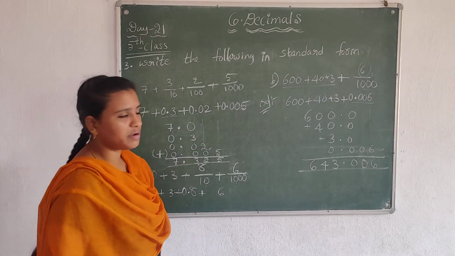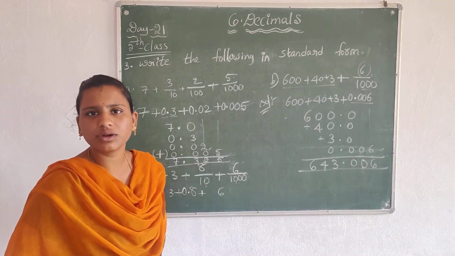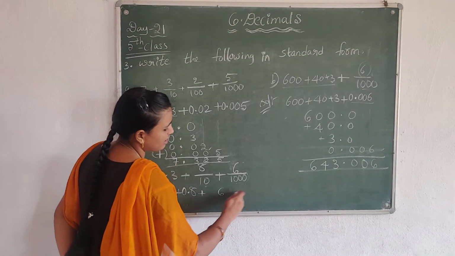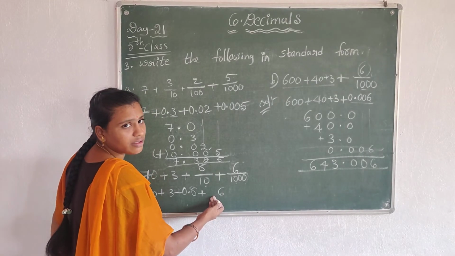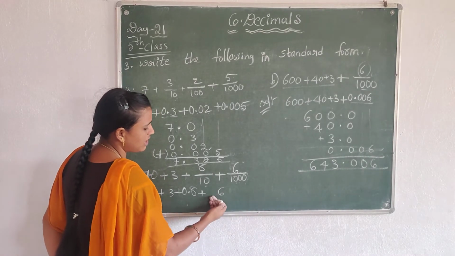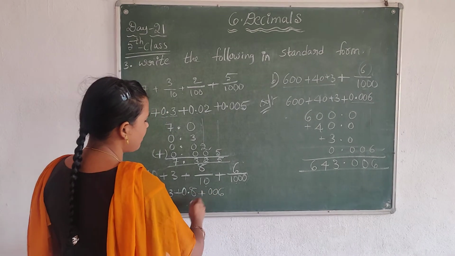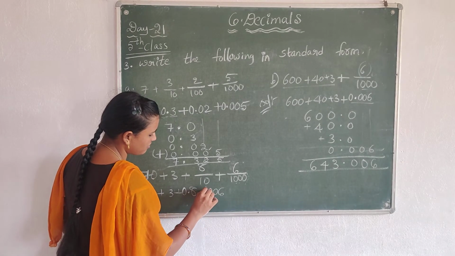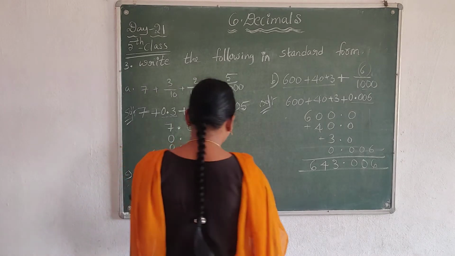In the 1 digit place we put the 6 and what about the remaining 2 places? Zeros, right? Right side or left side of 6? Which place? Right or left? Left. 0, 0. On the left side of 6 you keep the zeros and take a point and put the 0.